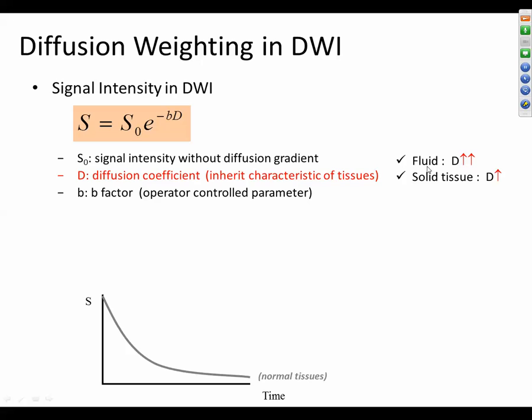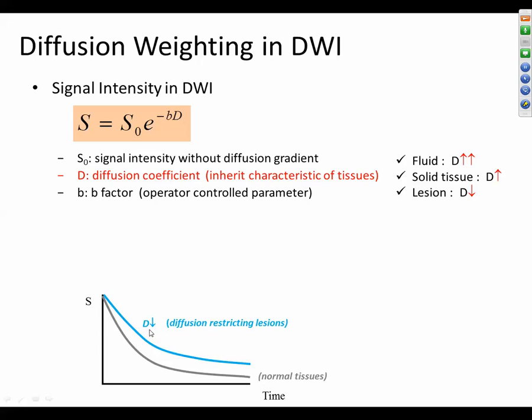Fluid can diffuse very freely, so the diffusivity or ADC is great. For solid tissue, they cannot move so freely, so the diffusivity is smaller than fluid. And in many lesions, the diffusivity will be restricted or decreased.